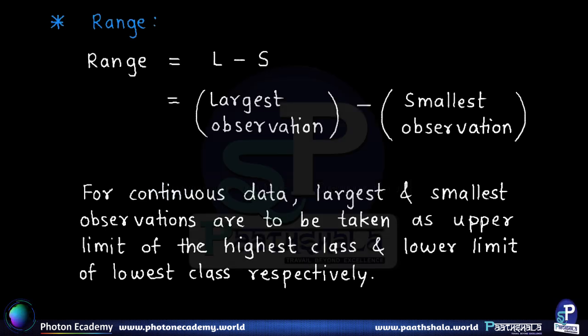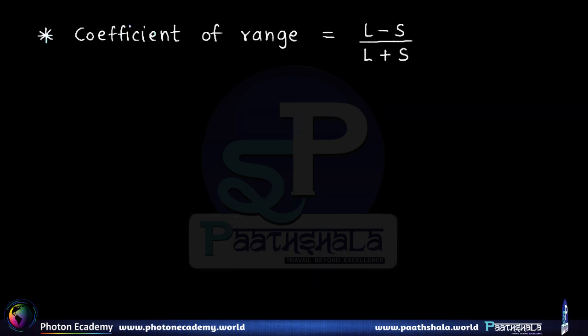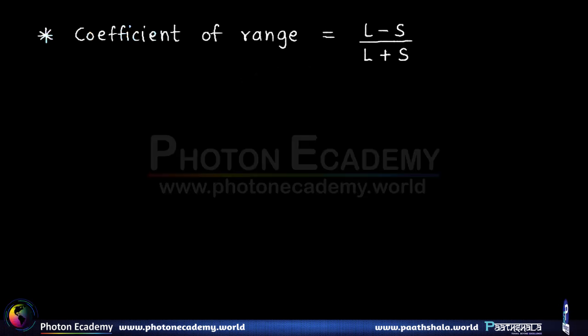Now in addition to range, there is a connected parameter called coefficient of range, which is defined as L minus S upon L plus S. The need for this coefficient is that the range will represent the same physical quantity that we are measuring in the observations. For example, if you are measuring the heights of say 50 people, the range will also have the same unit as that of the height.